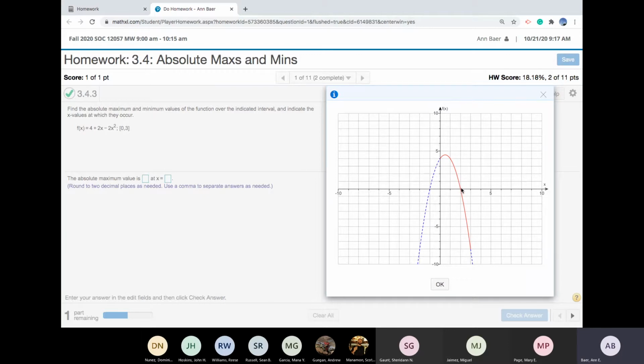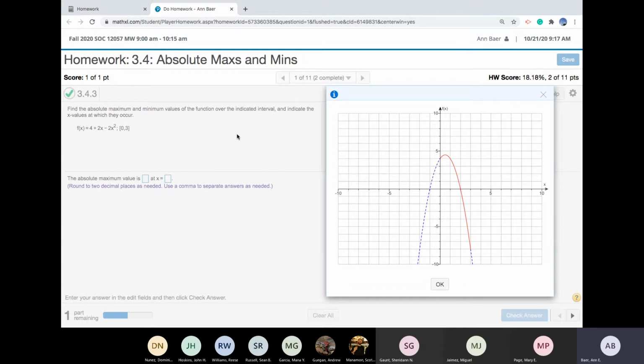So the points on the graph from 0 to 3 are these points on this red portion of the graph, and the red portion only. The dashed blue lines are not part of the graph, at least not the part over the interval from 0 to 3. So we want to find the absolute maximum value and the x at which it occurs.